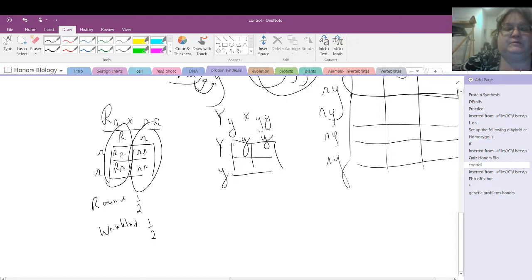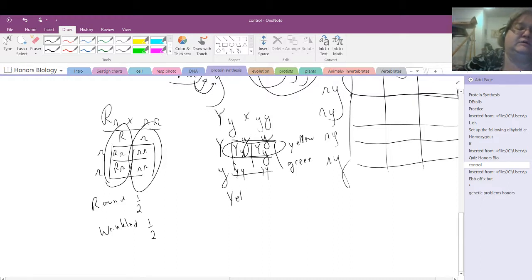Well, this would be big Y, little y, big Y, little y. This is yellow. Little y, little y, little y, little y. Here's our green. So again, what's the chance of getting yellow? 1/2. What's the chance of getting green? 1/2.